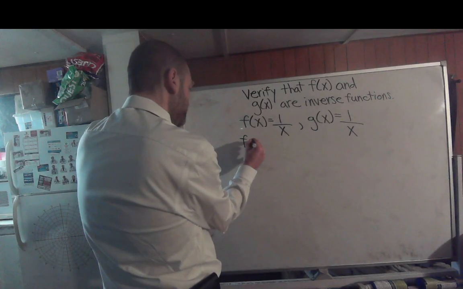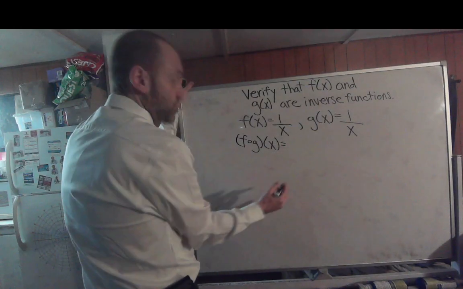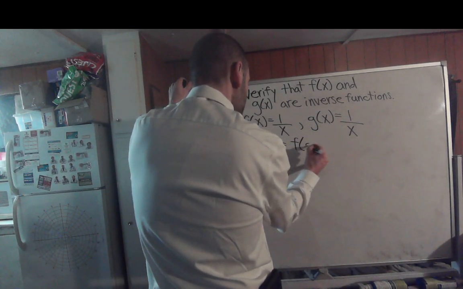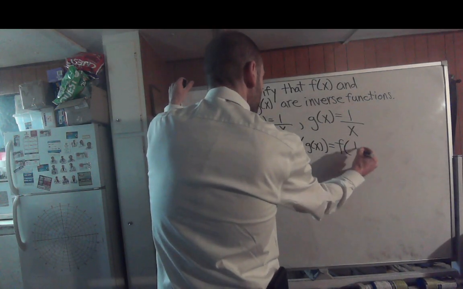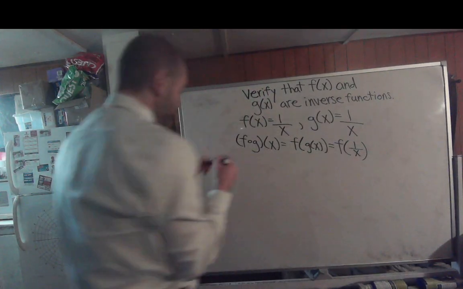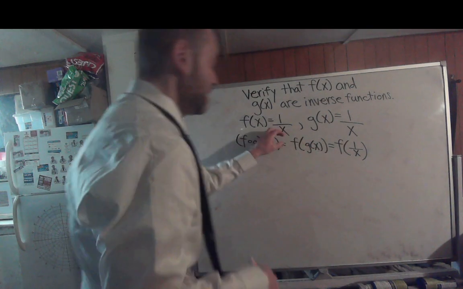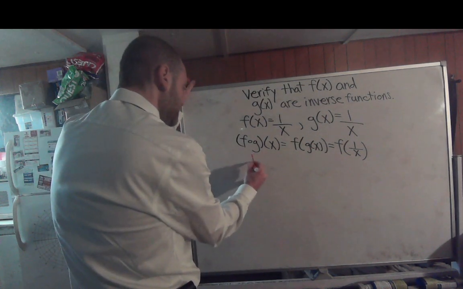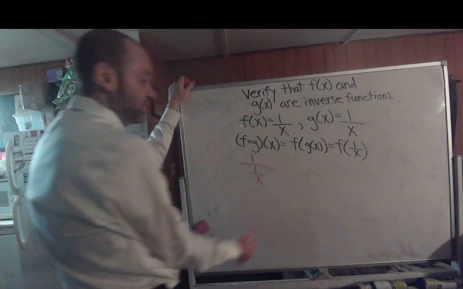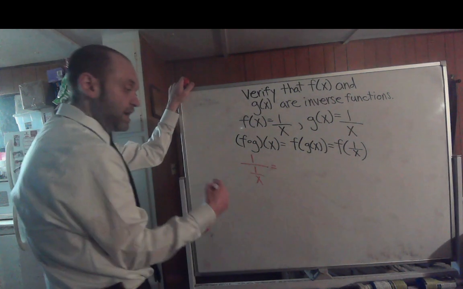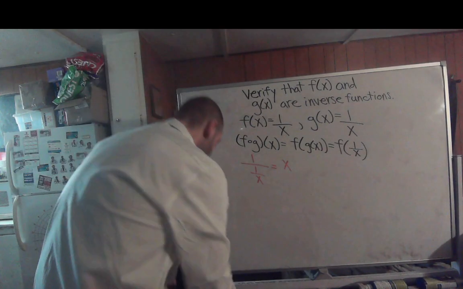So let's take f composition g of x, which would equal, of course, f of g of x, which would equal f of that 1 over x. So now let's go ahead and evaluate that. So put in that 1 over x for the x, you would literally end up getting 1 over 1 over x. So you have a complex fraction, you invert the fractions, you would end up getting x over 1, or just x.